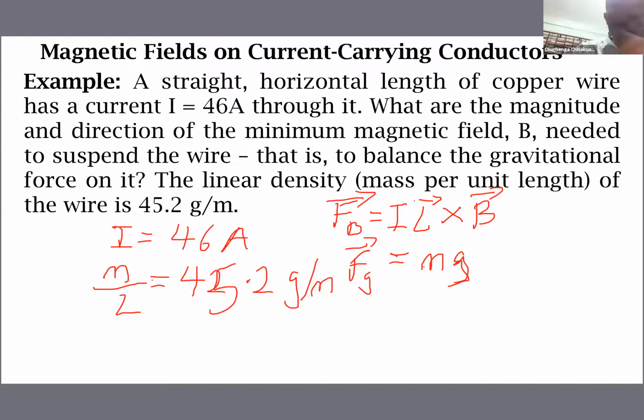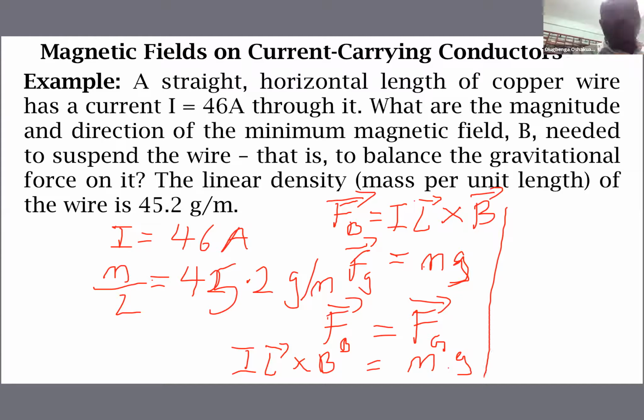And when we divide both sides by L, we should have mass over length times G equal to I times B. So let's try to define IL cross B. IL cross B should give us IL times B sine theta, where theta is the angle between the current carrying conductor and the magnetic field, and that will be equal to mg.